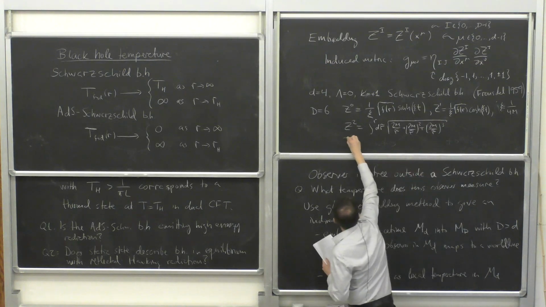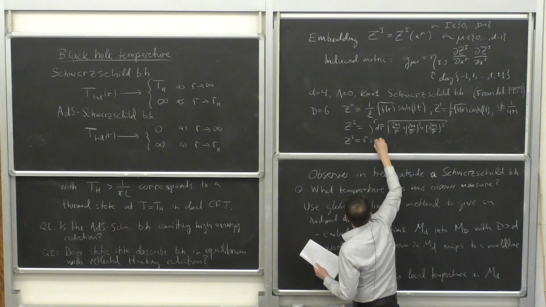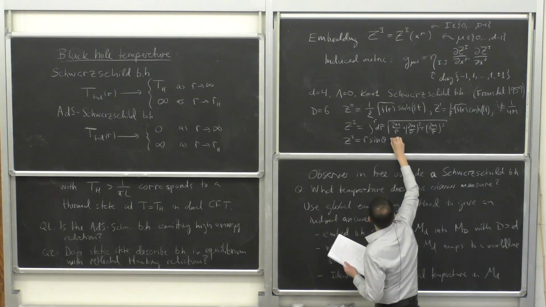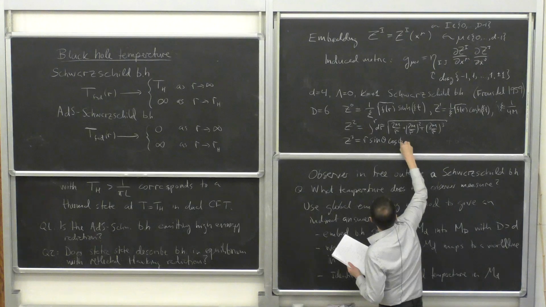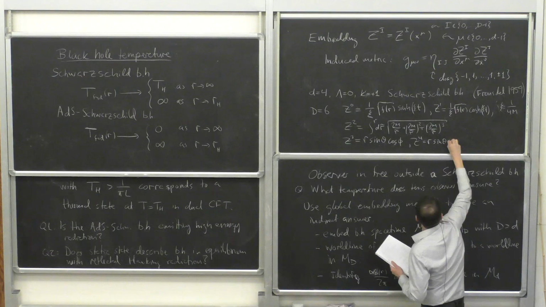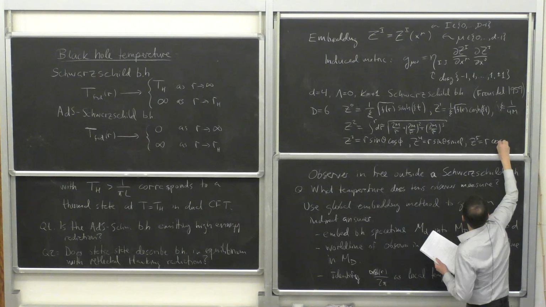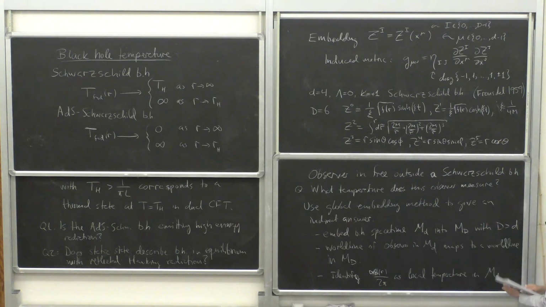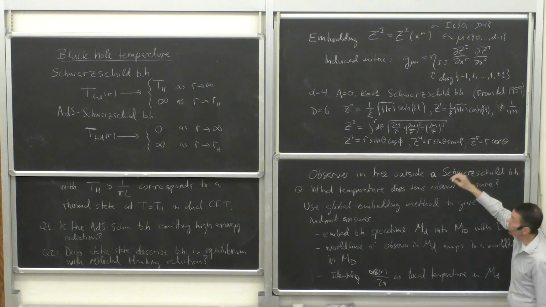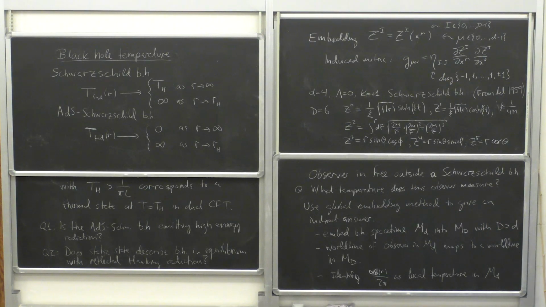Okay, and then Z3 through 5 is just the usual spherical coordinates. Z3 is r sine theta cos phi, right? Z4 is r sine theta sine phi. Z5 is r cosine theta. Okay, so my Schwarzschild coordinates are t, r, theta, phi, and now I've listed for you the 6 coordinates of the embedding. Okay, so this is just an explicit construction here.